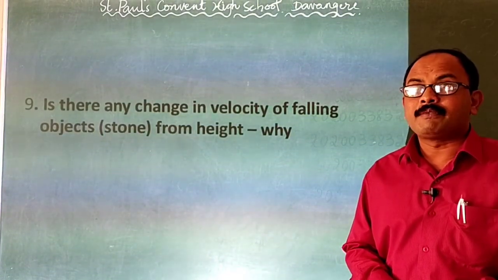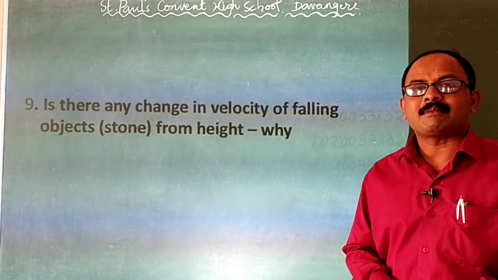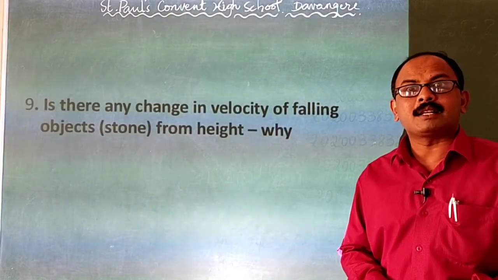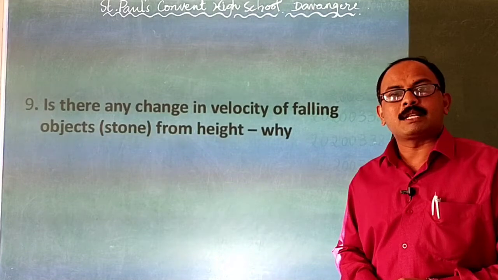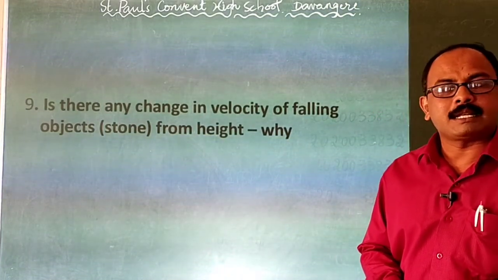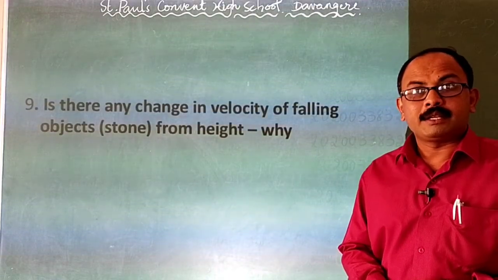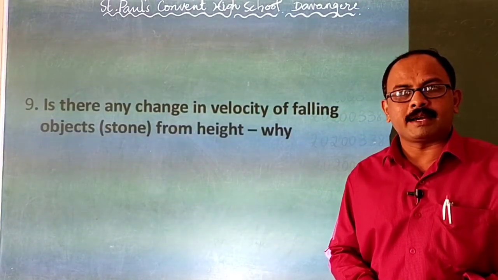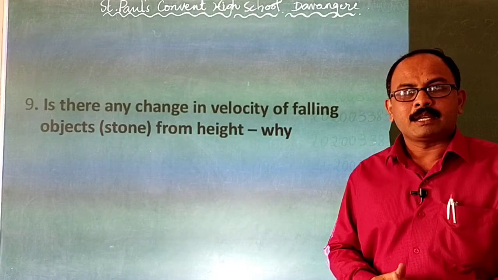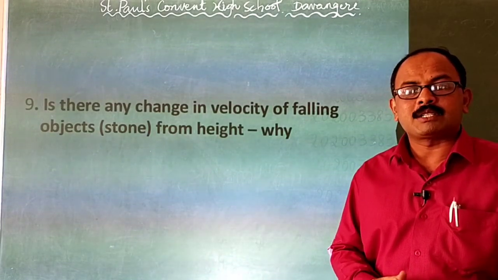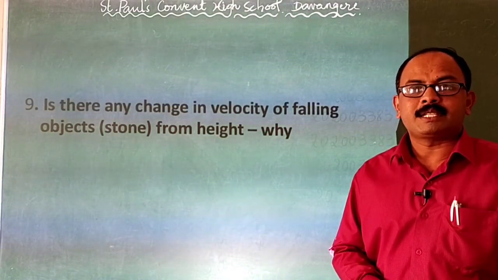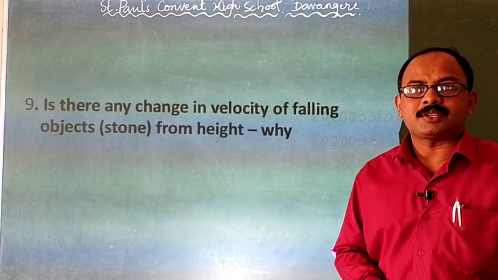Therefore, free fall is an example of uniform acceleration. Uniform acceleration we have seen in your previous lesson. The velocity of an object increases or decreases by equal amounts in equal intervals of time. Then we say it is uniform acceleration.